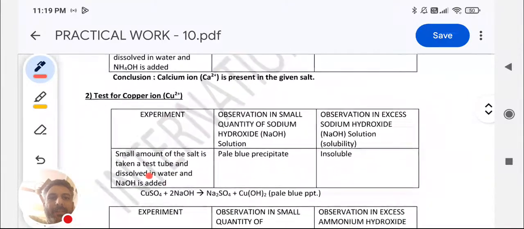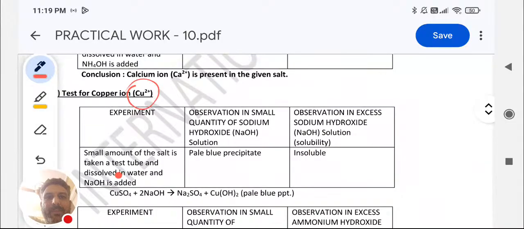And the next cation is cupric ion, that is Cu+2. When you take copper salt solution, and to that add small amounts of sodium hydroxide, it forms a pale blue precipitate.